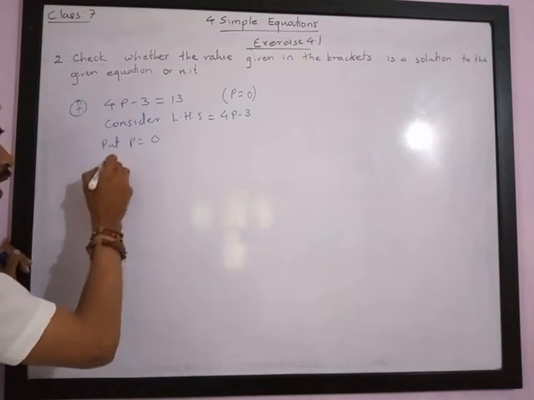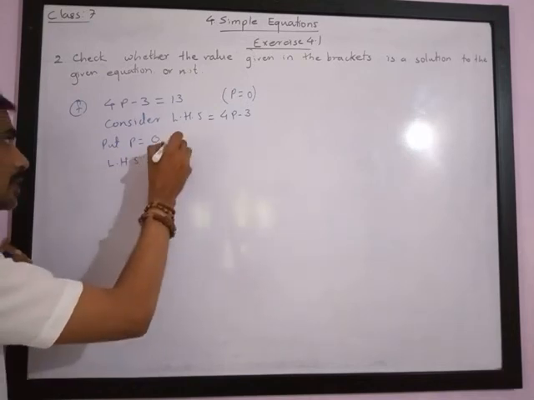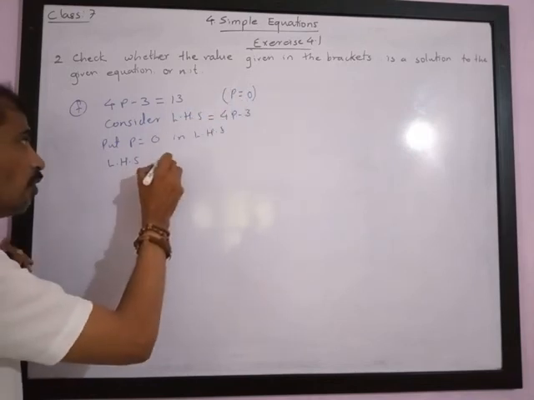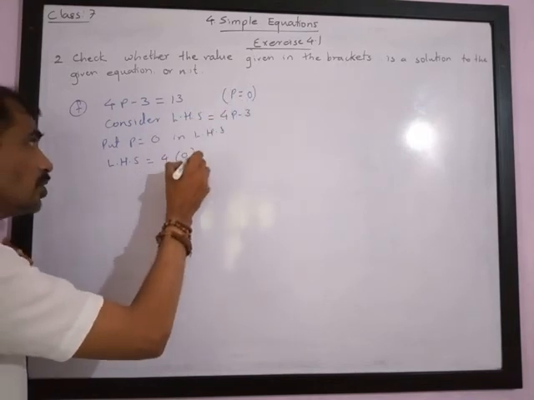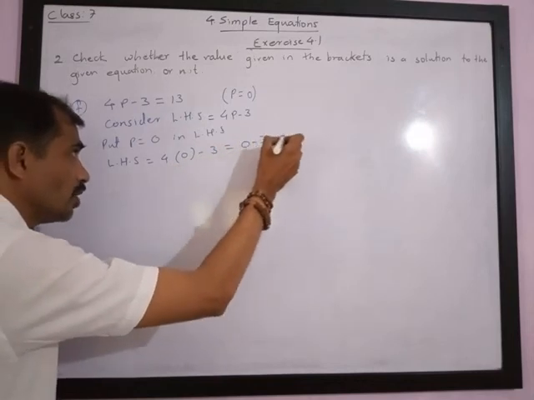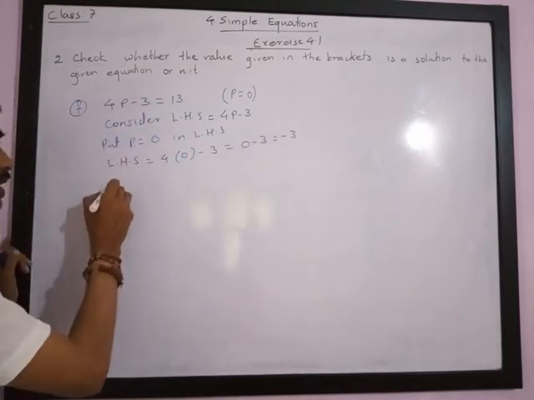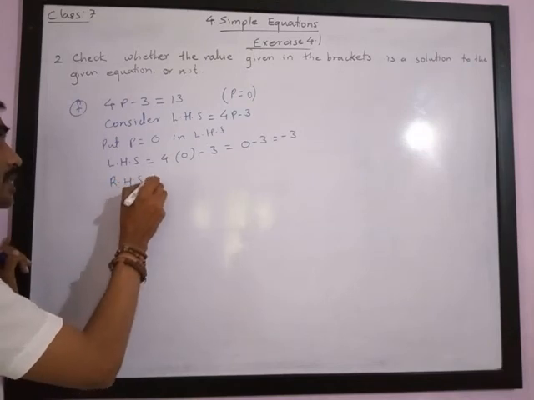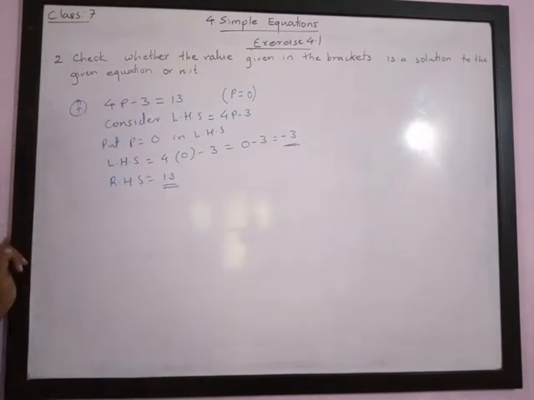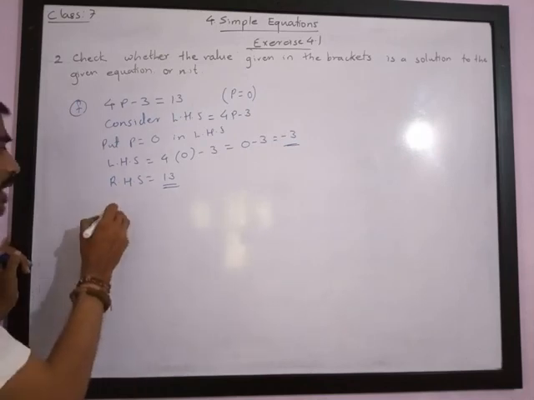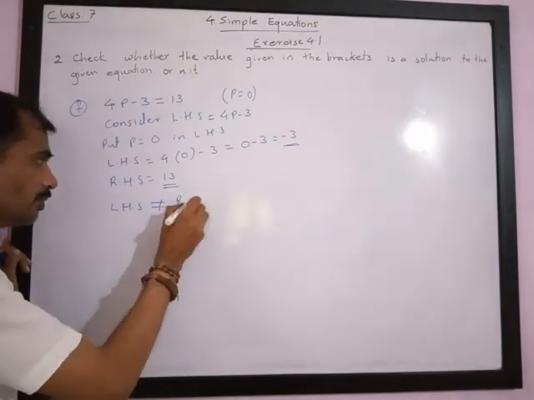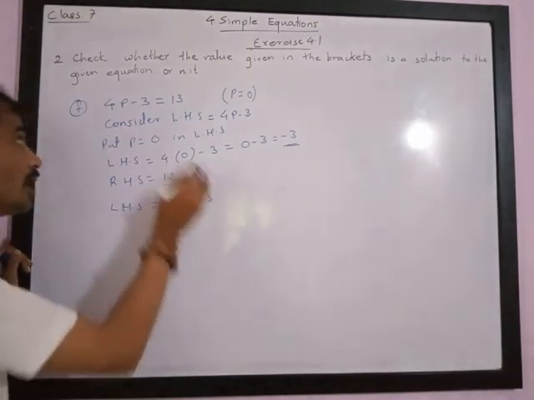So you will get LHS is equal to 4 into 0 minus 3. So this is equal to 0 minus 3, that is equal to minus 3. Now RHS is equal to 13. Please note here negative 3 is not equal to positive 13. Hence we can say that left hand side is not equal to right hand side of the given equation.